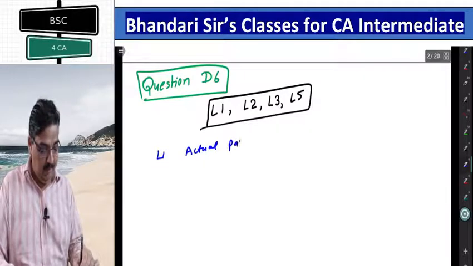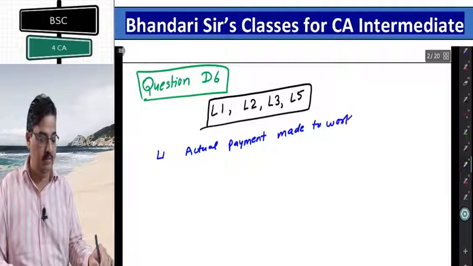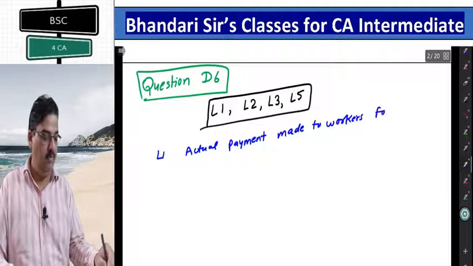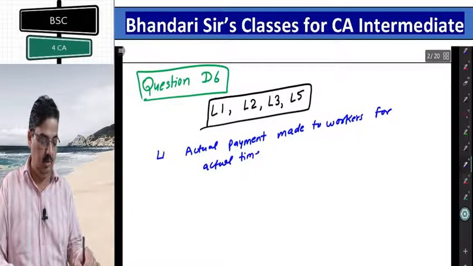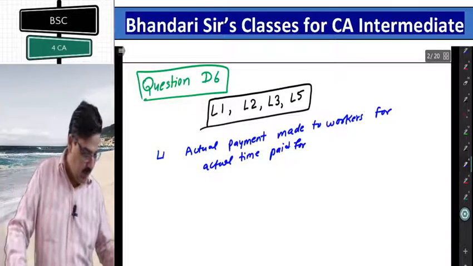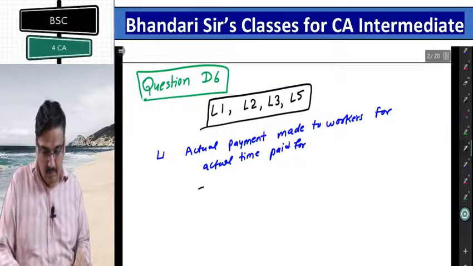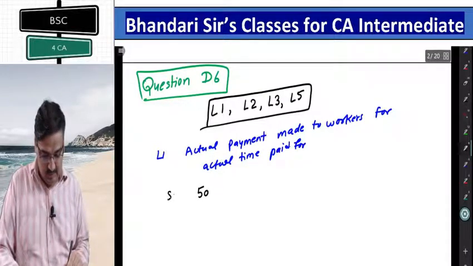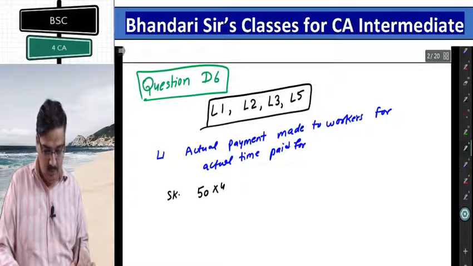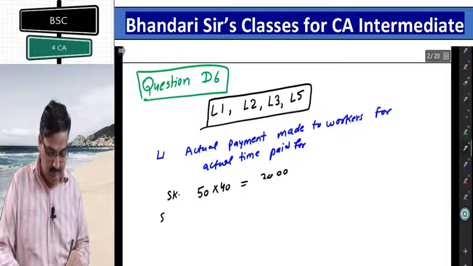L1 is the actual payment made to workers for actual time paid for. Looking at actual payments: 50 skilled workers, 40 hours per worker, 2000 hours.